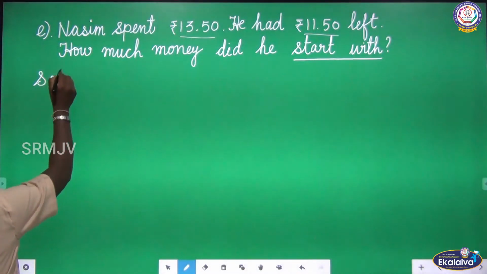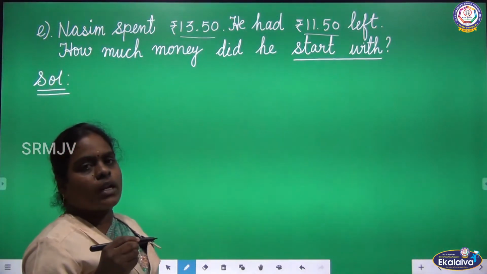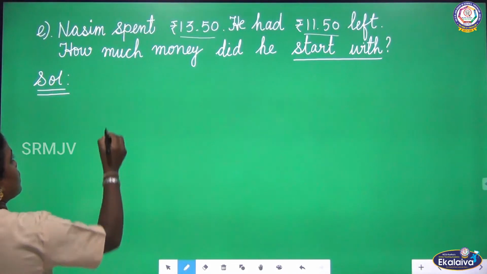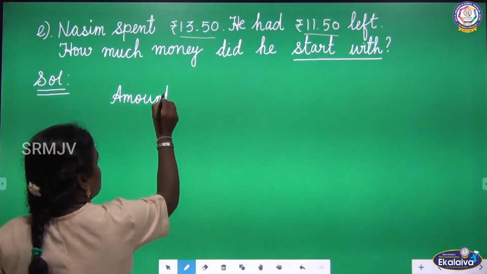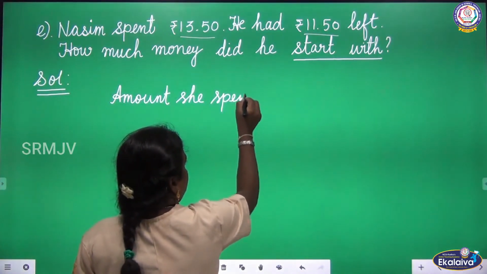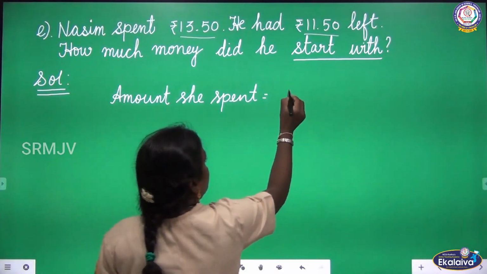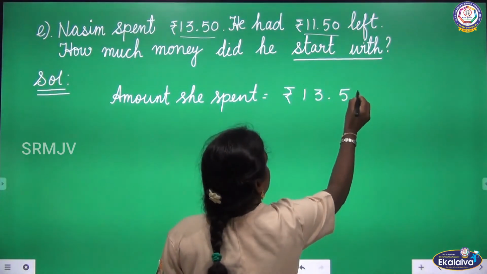Listen, let us write the solution. It is a statement problem. So let us start with the statement. Amount she spent. It is 13 rupees and 50 paise.